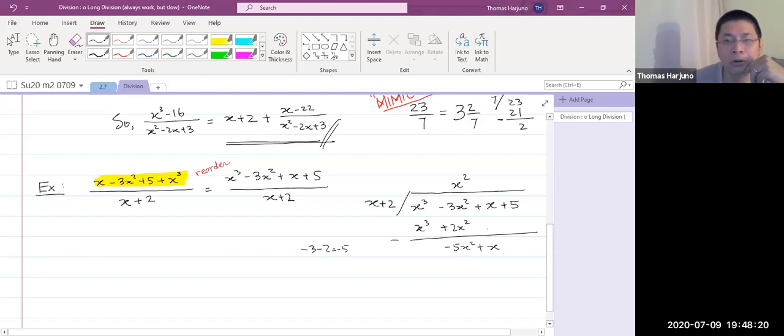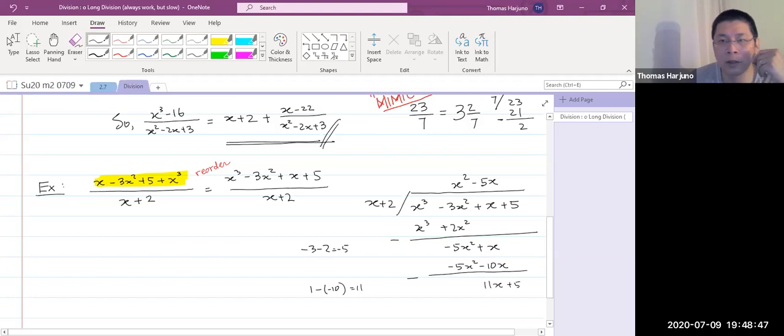Now x goes to negative 5x squared, negative 5x times. So I get negative 5x squared minus 10x, which when I subtract, I get 1 minus negative 10, that's 11. So this is 11x plus 5.